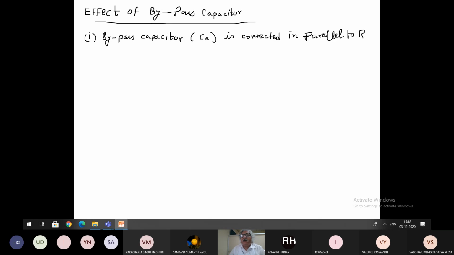So in parallel to the RE resistance, we have a capacitor, that is your bypass capacitor.